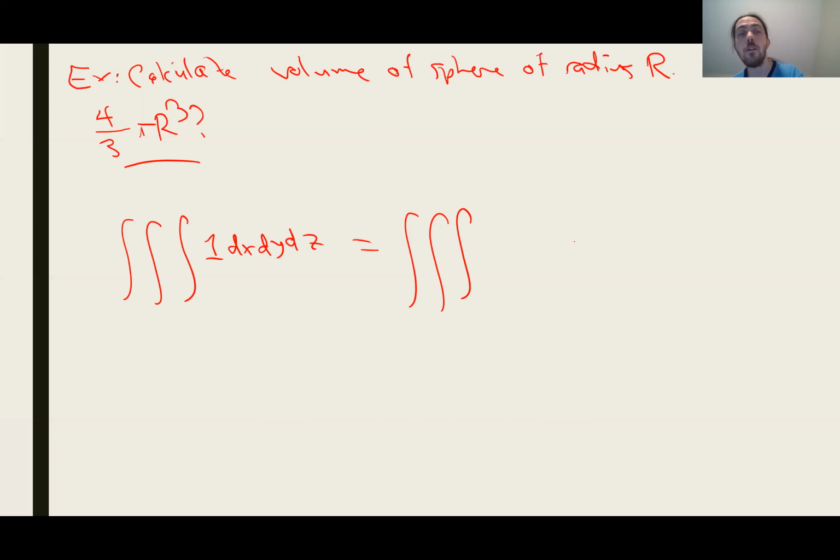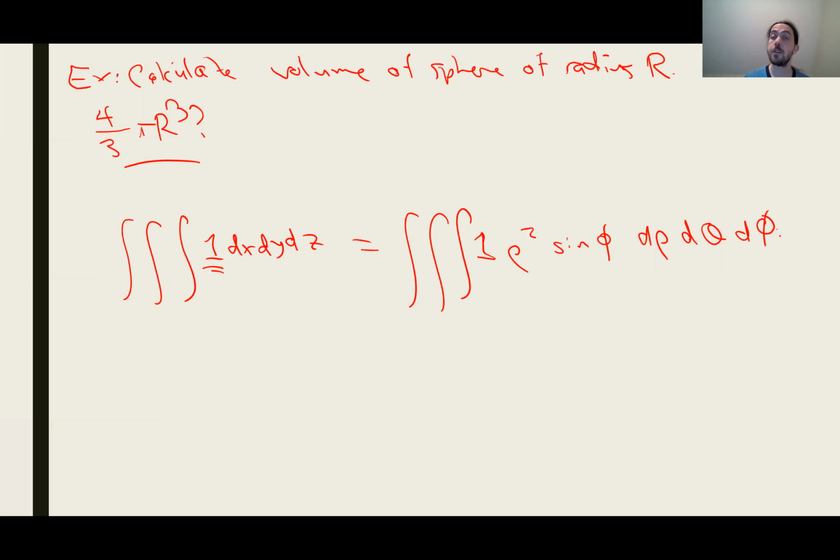First of all, we take our function 1 that we're integrating, and we substitute in x is rho cos theta sine phi, y is rho sine theta sine phi, and z is rho cos phi. But fortunately, that doesn't change the function 1 at all. It just leaves it as 1. We throw in our volume distortion factor, rho squared sine phi, and then d rho, d theta, d phi.